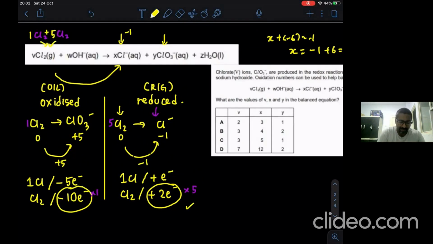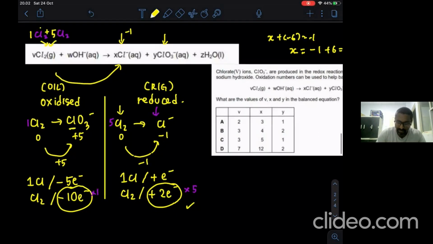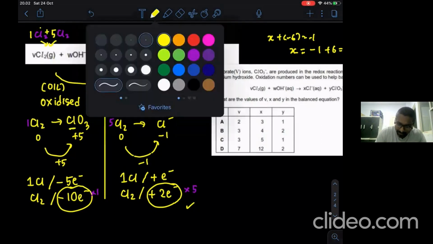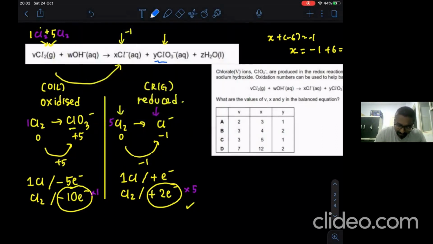If you have one Cl2, this one is going to be ClO3. So we try to balance. If you have one Cl2, you must have the number 2 there. So this Y most likely is going to be 2. I just put 2 there.